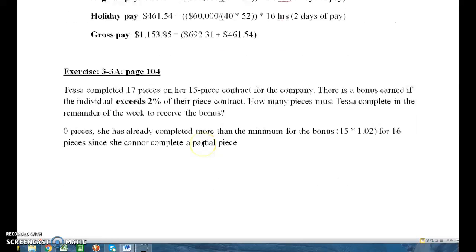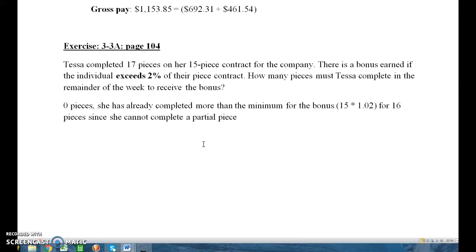The next exercise is 3.3 on page 104. This is piecework. Tessa completed 17 pieces of her 15-piece contract. So she worked above and beyond the 15 pieces. There is a bonus if the individual contract earned exceeds 2% of the piece contract. How many pieces must Tessa complete in the remainder of the week to receive the bonus? 0 pieces, right?